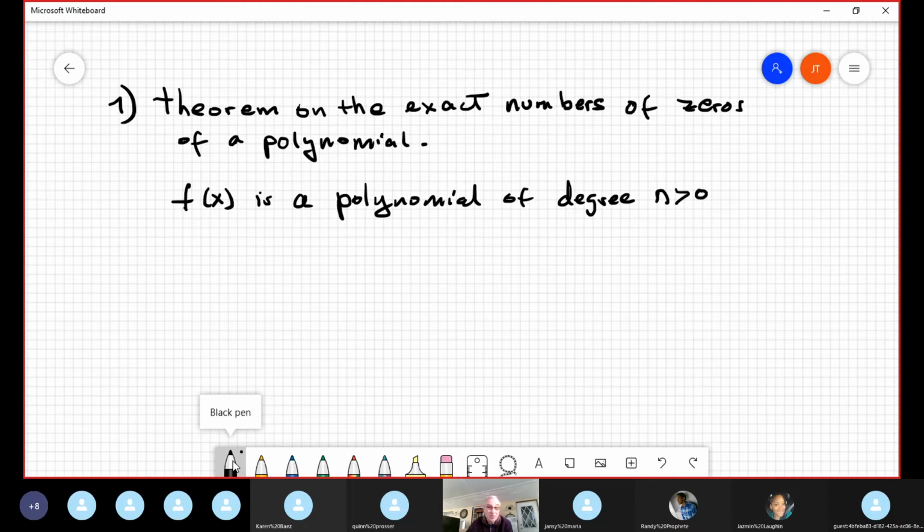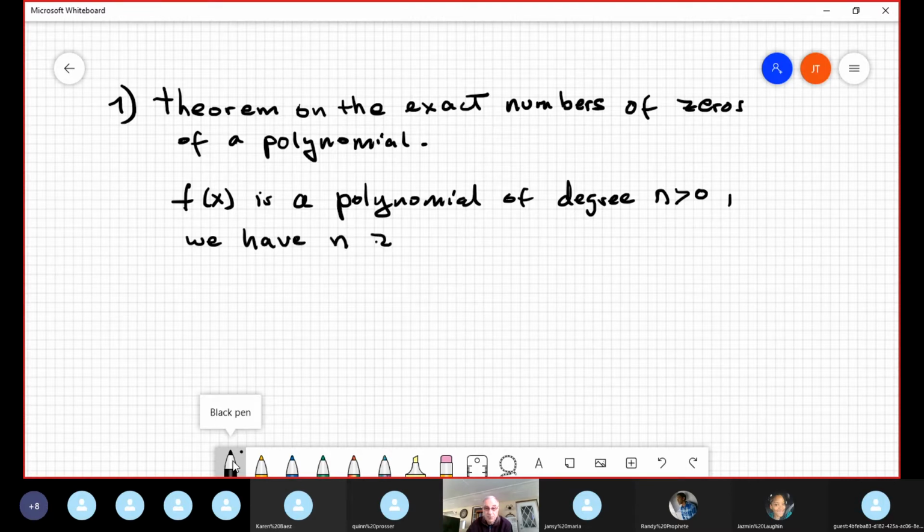So now, how many zeros does this polynomial have? Exactly the same. So our polynomial contains n zeros.